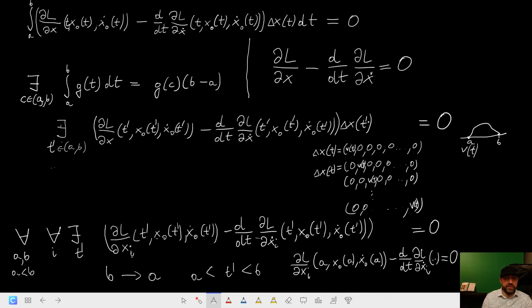So all was pretty clear till that point when we used the mean value theorem to get this t prime. Then we realized that t prime depends on the choice of delta x. And we realized that this is a scalar product.